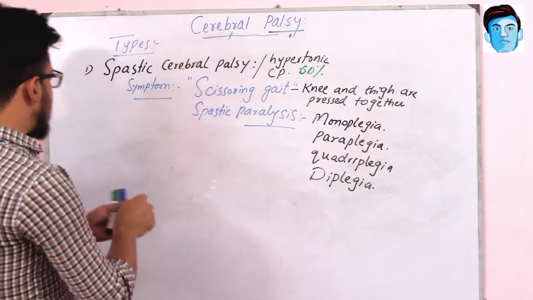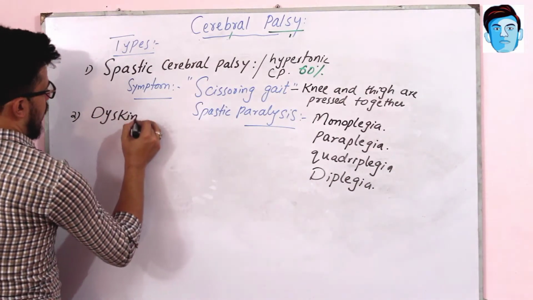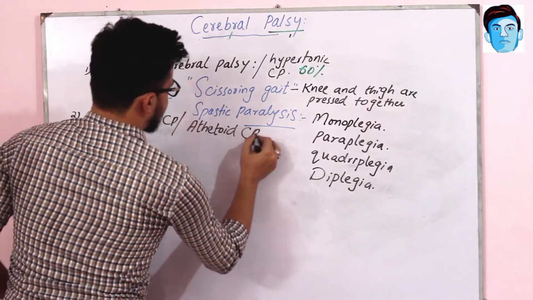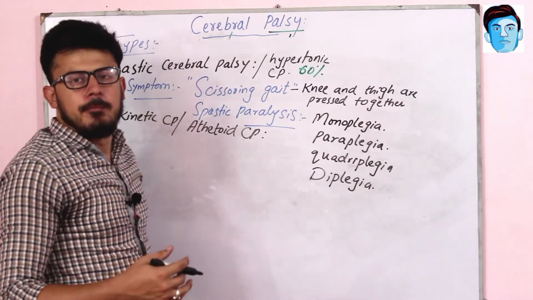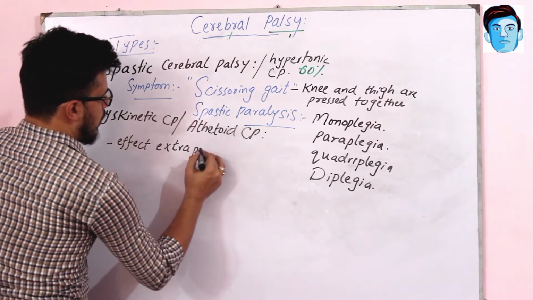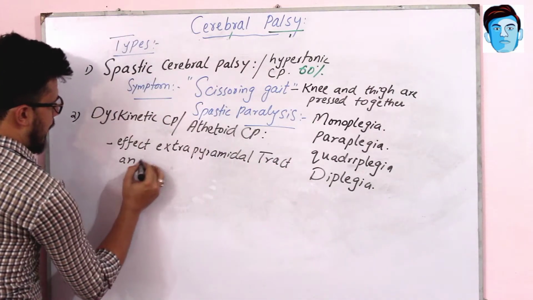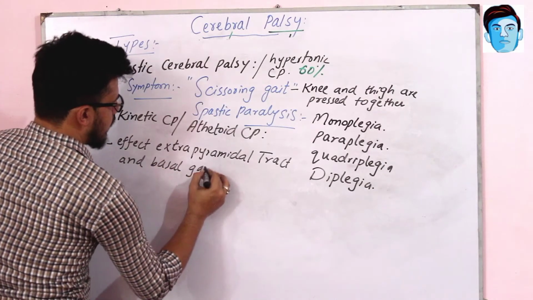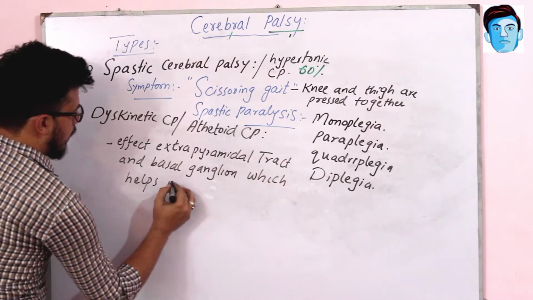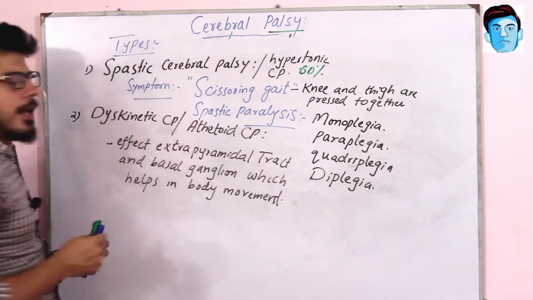Now let's discuss the second type of cerebral palsy, called dyskinetic cerebral palsy, which is also called athetoid cerebral palsy.